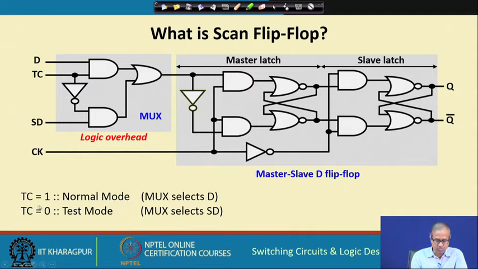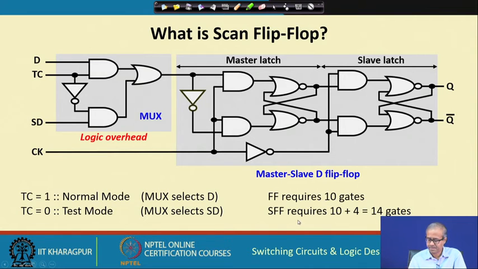So, in the normal mode TC is set to 1 and D goes inside. In the test mode when TC is 0, it is not the D input, but SD that goes inside. This is the only change, right. Earlier the normal master slave flip flop required 10 gates, but because of this additional thing we need 4 additional gates, it becomes 14, just remember this.